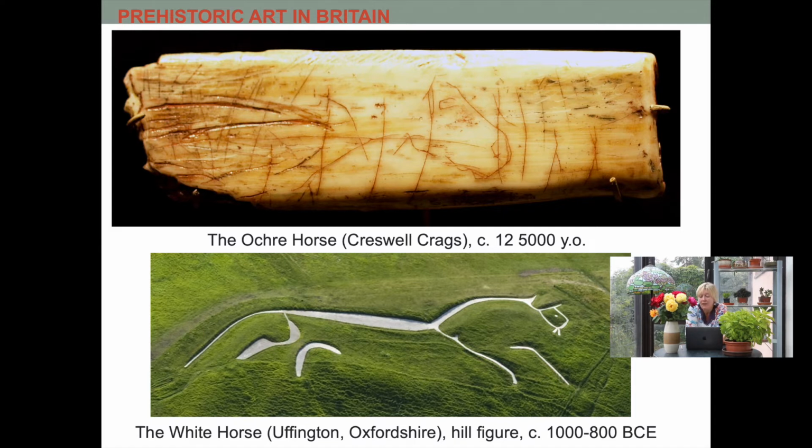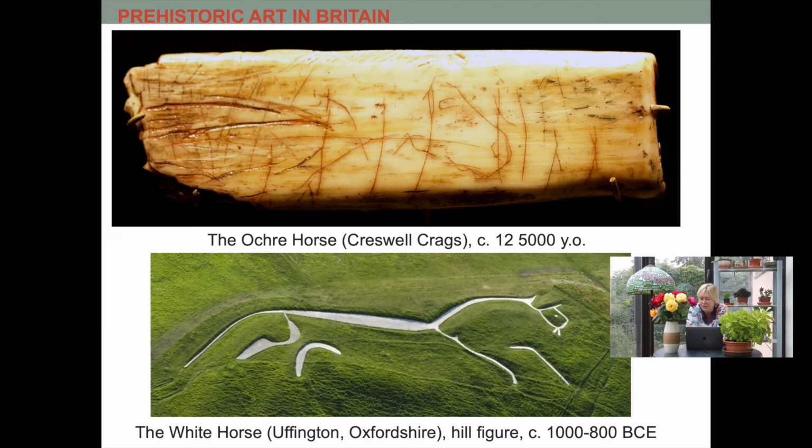So maybe it was a tool, maybe it was just the material on which somebody carved a very realistic and well-rendered image of a horse. Or there was something symbolic about horses in early British art, if you think about that, because one of the things that you find in prehistoric art in Britain is the images of horses.